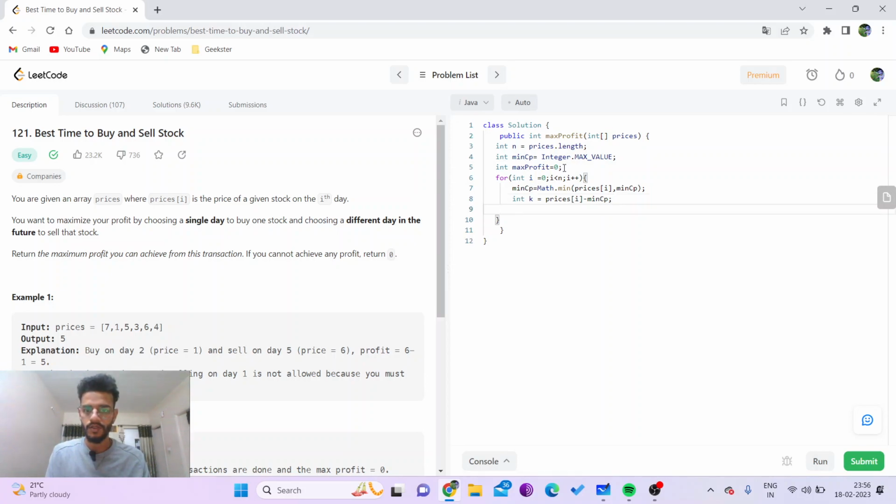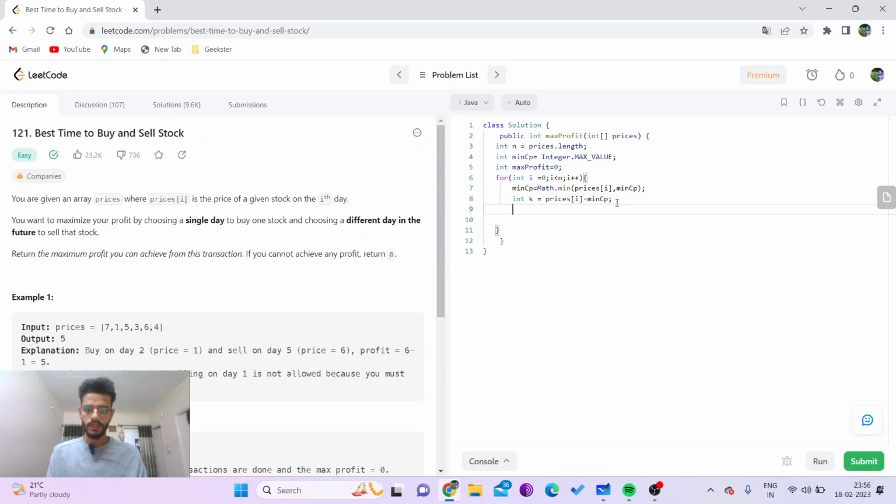This is the profit we are making each and every time. Whatever the price of that day, minus the minimum cost price we have recorded, we subtract.